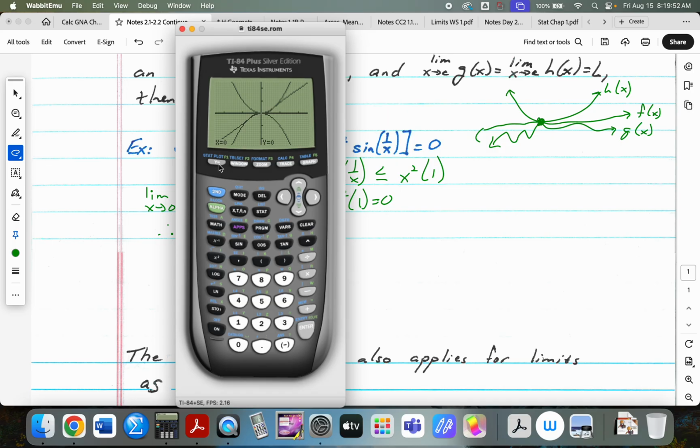Another interesting one, if I change this to just sine of x, it doesn't really change what's happening, although it's a cooler graph if I remember correctly. Oh, I was completely wrong. I'm thinking of something else apparently. But you see how it still gets trapped in between those two.